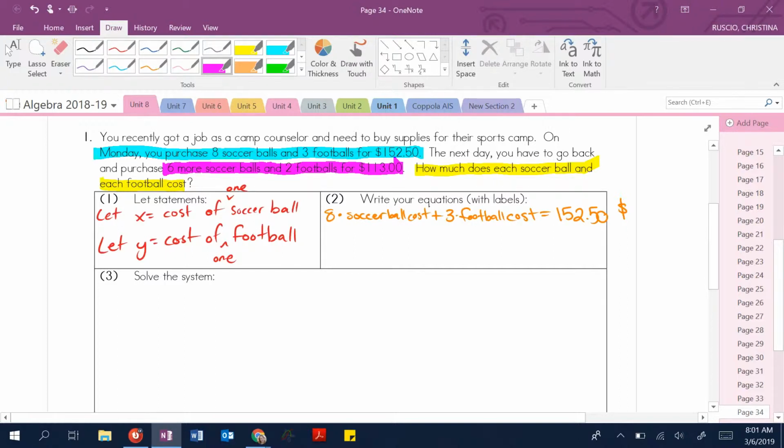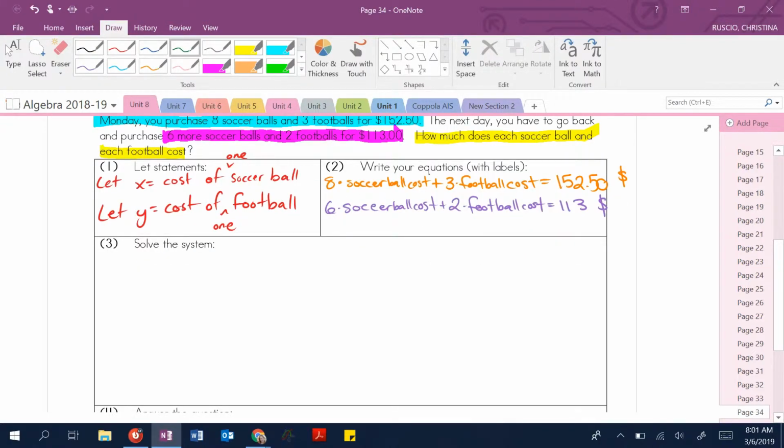So in the same way, we can write 6 times the cost of a soccer ball plus 2 times the cost of a football is equal to $113. All right. So now that we have this information, we can start setting up equations and solving a system.